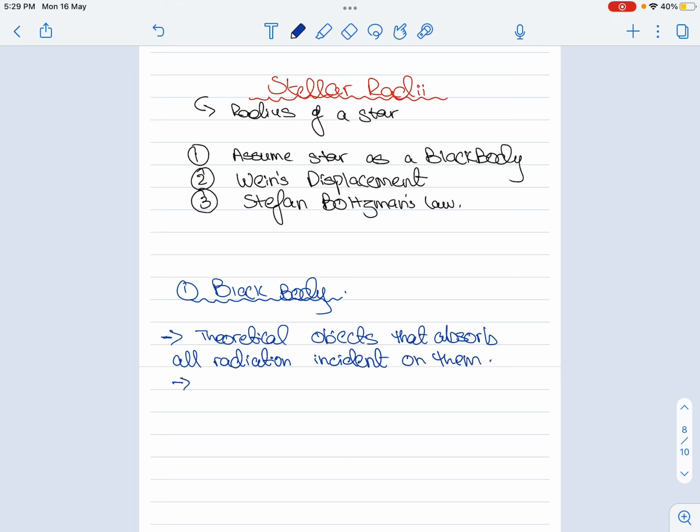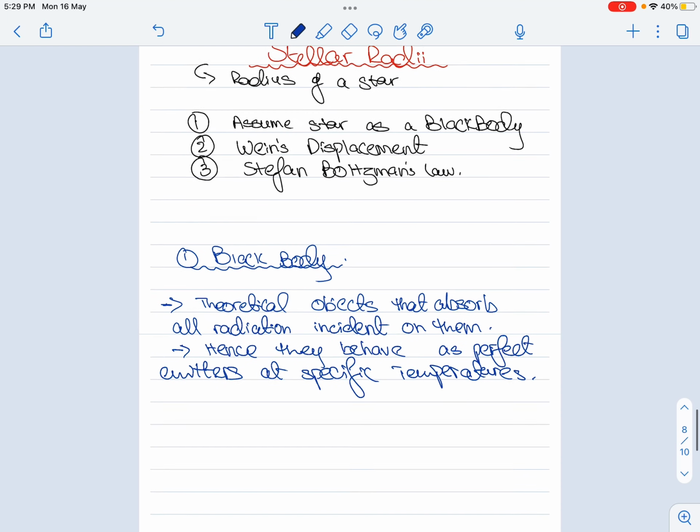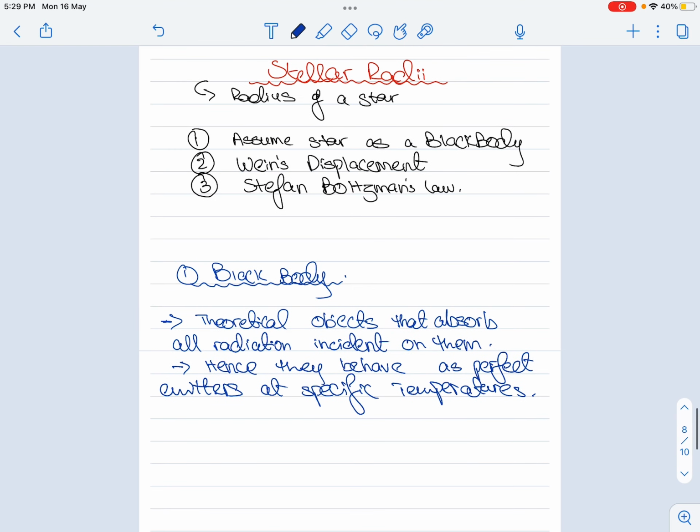Hence they behave as perfect emitters at specific temperatures, right? So this is only done so that calculations can be done easily.